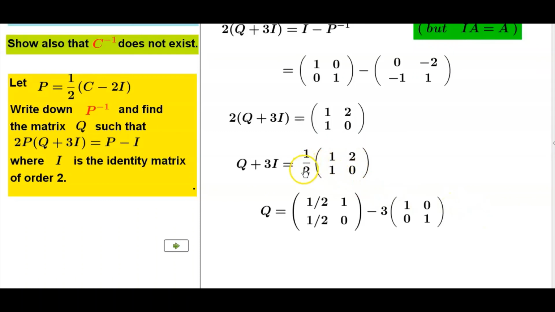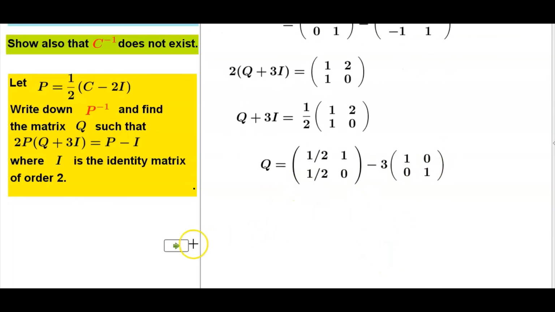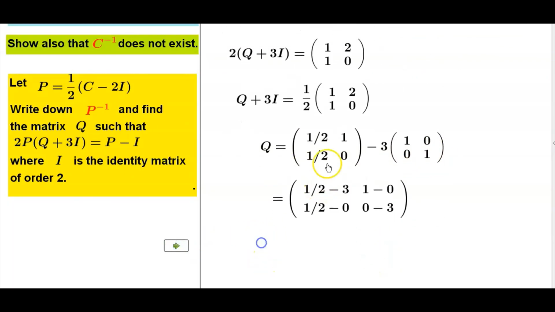Each element should be multiplied by half: half into 2, 1, half into 1, half into 0, 0, minus 3I, 3 into the identity matrix 1, 0, 0, 1.